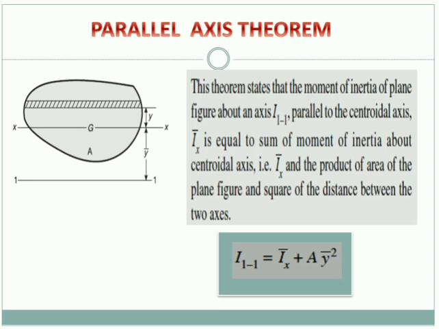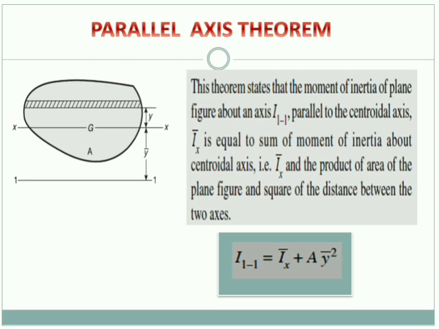We can directly use this theorem to find the moment of inertia about the base, as the base and the centroidal axis will be parallel to each other. When we solve the examples, this application will be much clearer. As of now, we'll just concentrate on the statement.